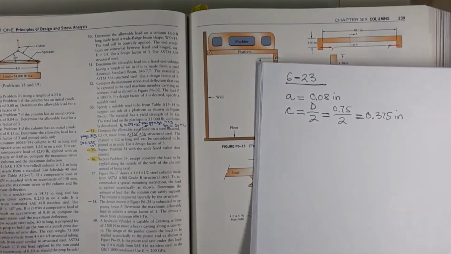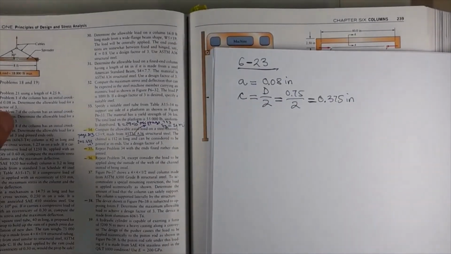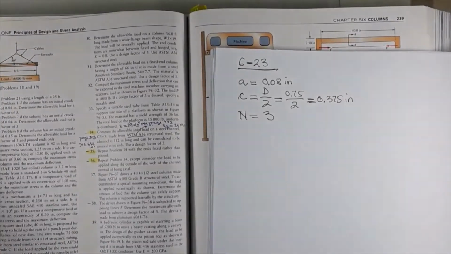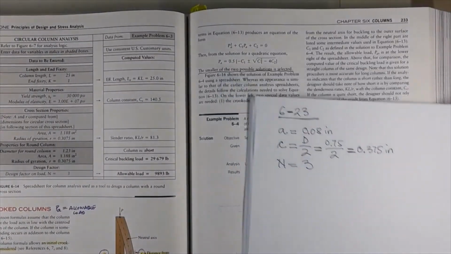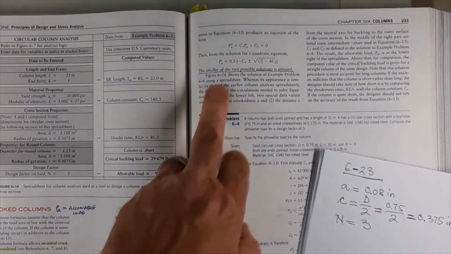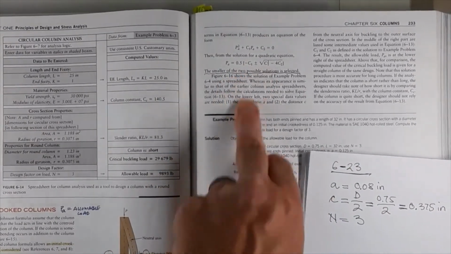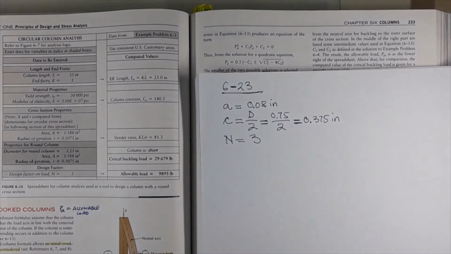Okay. And so yeah, what else? Design factor N equals 3. So we need to calculate the allowable load, and this is the equation to use. And so it will be a quadratic, and of the 2 possible solutions, we're going to select the smallest.